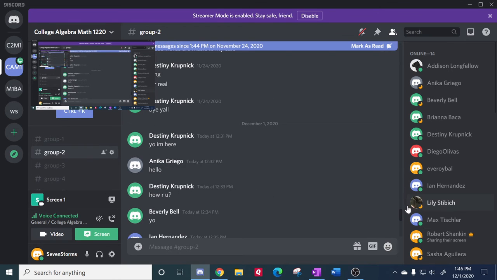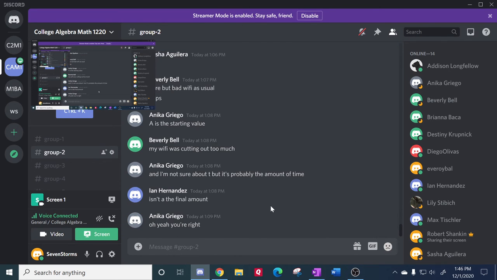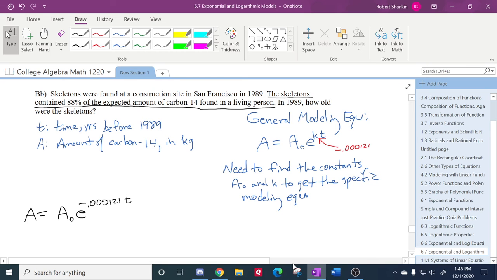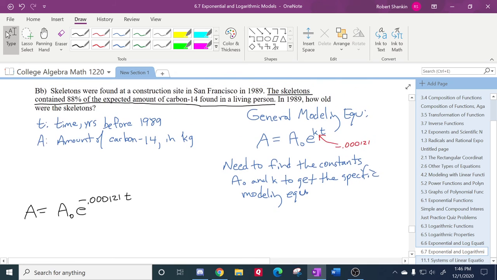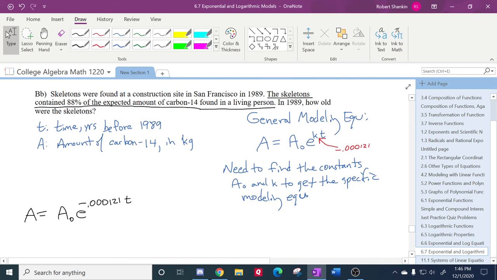Anybody here? All right, no activity for a while. Let's go to group 4. Any ideas with the 88%?